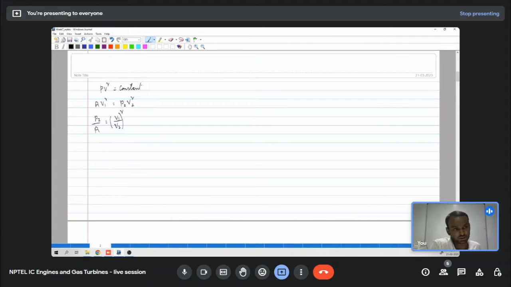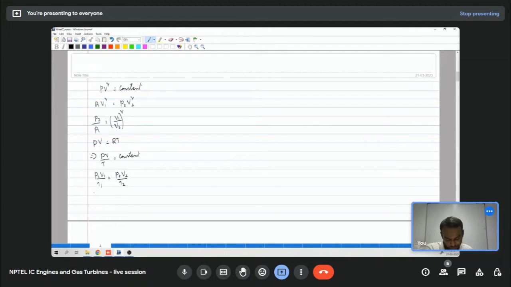Now we need to know the temperature ratio. So for temperature ratio we need to take the ideal gas equation PV equal to RT, which implies PV by T is equal to constant, or P1 V1 by T1 is equal to P2 V2 by T2.